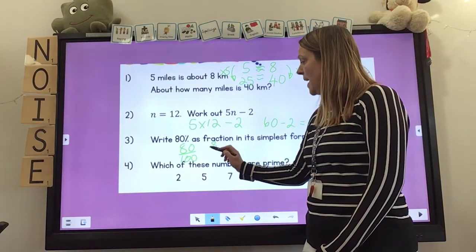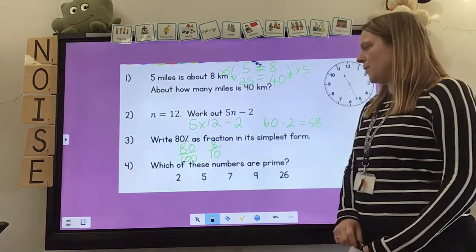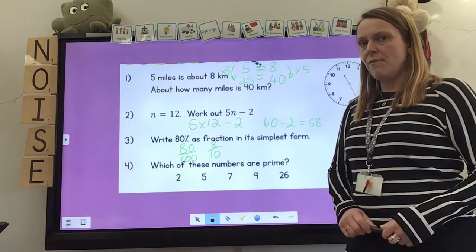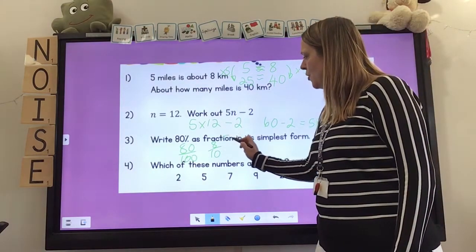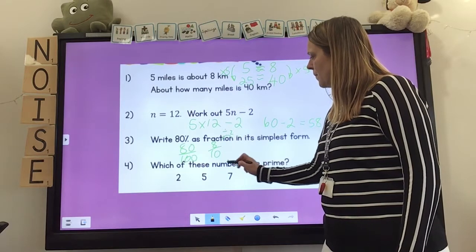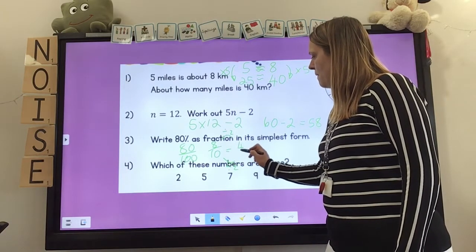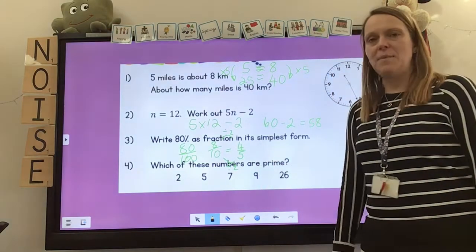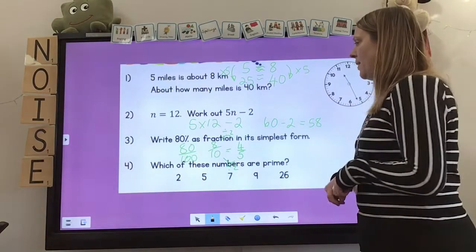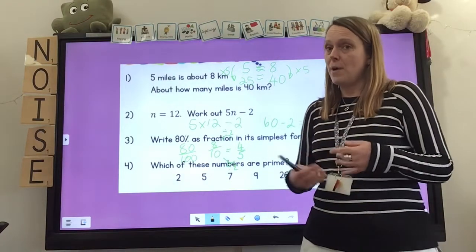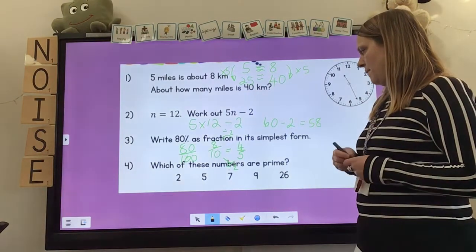So that would be 8 tenths, but again I can still simplify that further, because a factor of 8 and 10 is 2, so if I divide top and bottom by 2, that will give me 4/5, and that is 80% in its simplest form. It might be that you knew that 1/5 was 20%, therefore 80%, which is four lots of 20%, is 4/5.